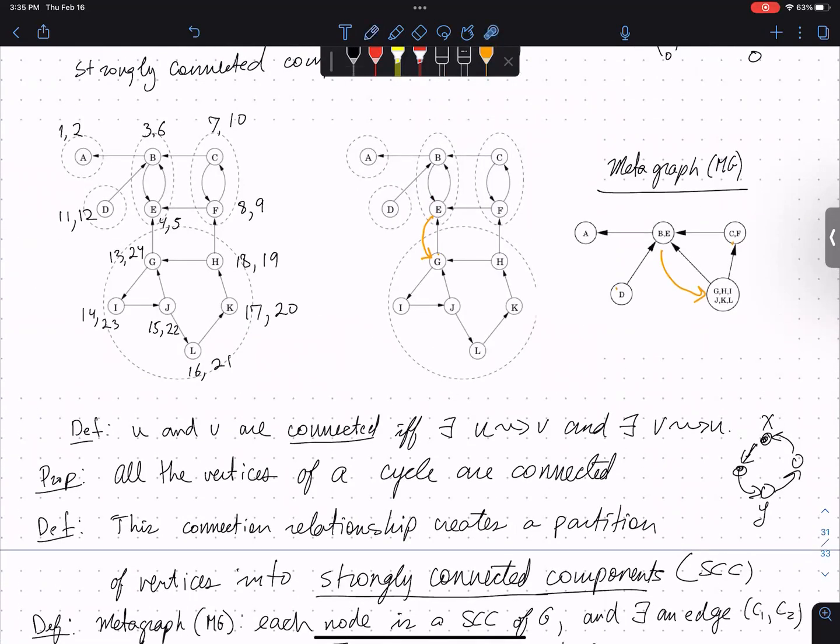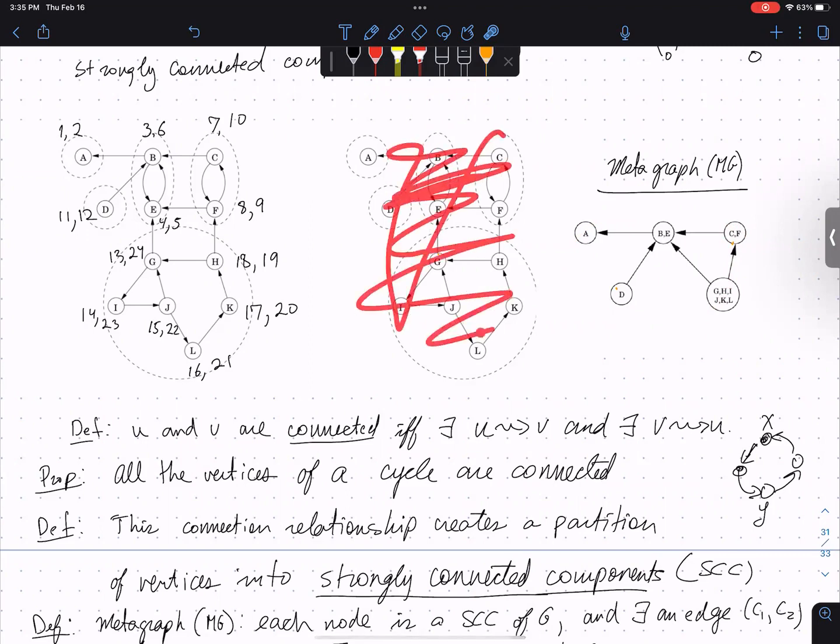So we have this graph, and then its metagraph. Of course, the metagraph doesn't contain all the information about the original graph. If I don't show you this, you can't reconstruct it from the metagraph.